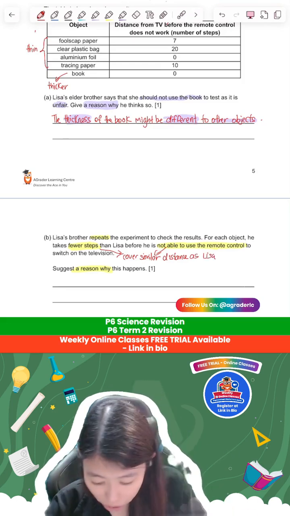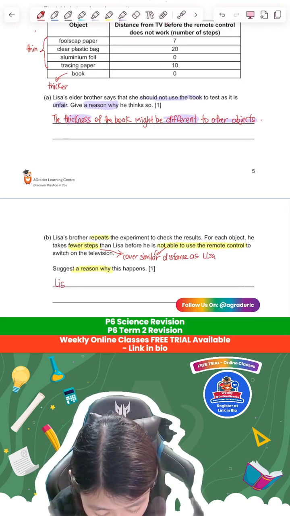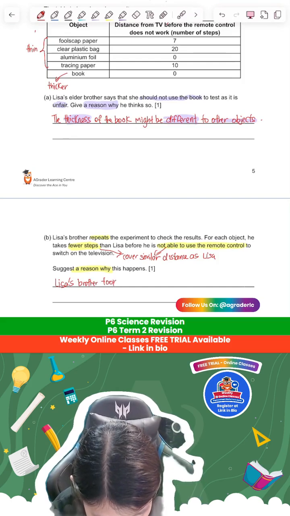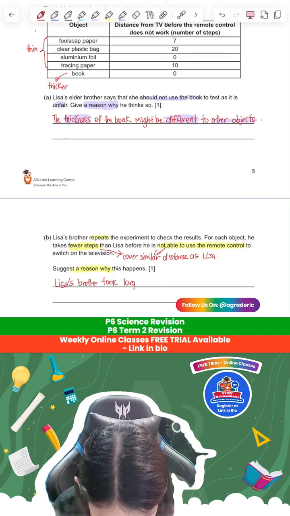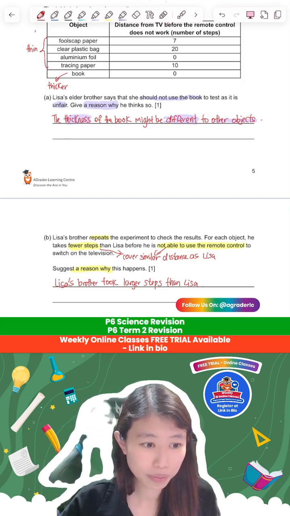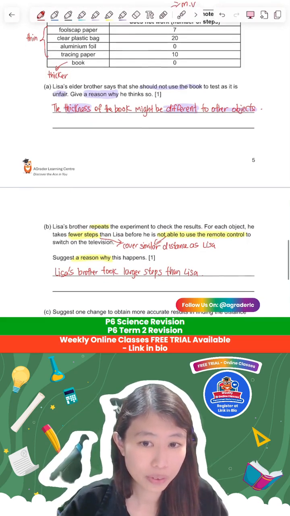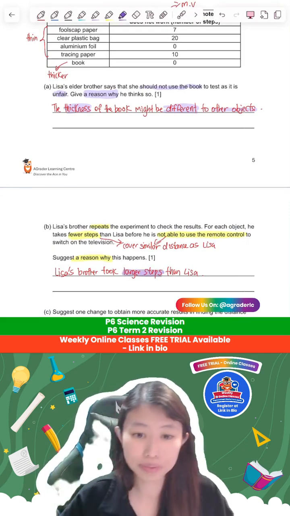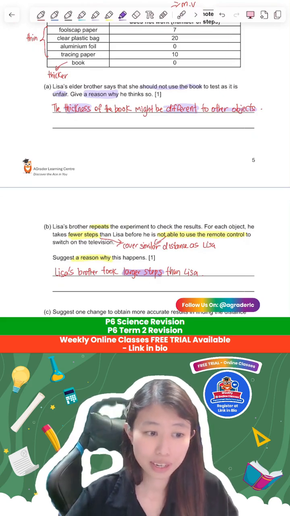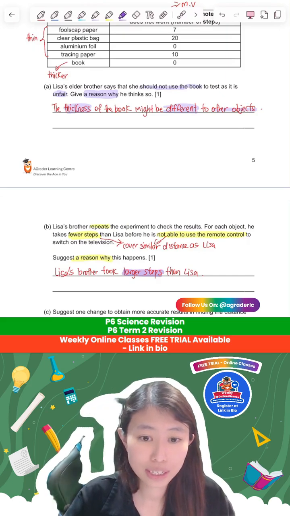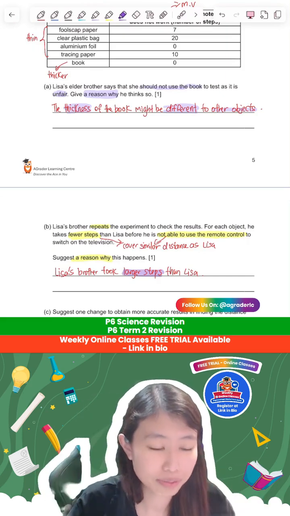Which also means that Lisa's brother took larger steps than Lisa. Larger steps. So you don't need so many steps to actually reach the same distance.